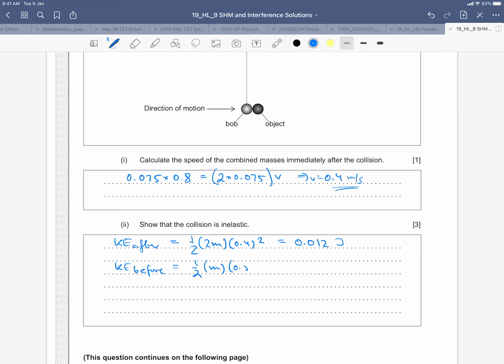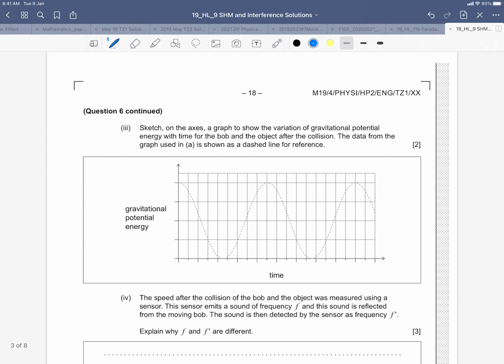We had this amount, which is 0.024, twice as much. So the KE is not conserved. Hence, inelastic collision is the definition. Pretty simple. Okay, then we have to sketch the variation of gravitational potential energy.